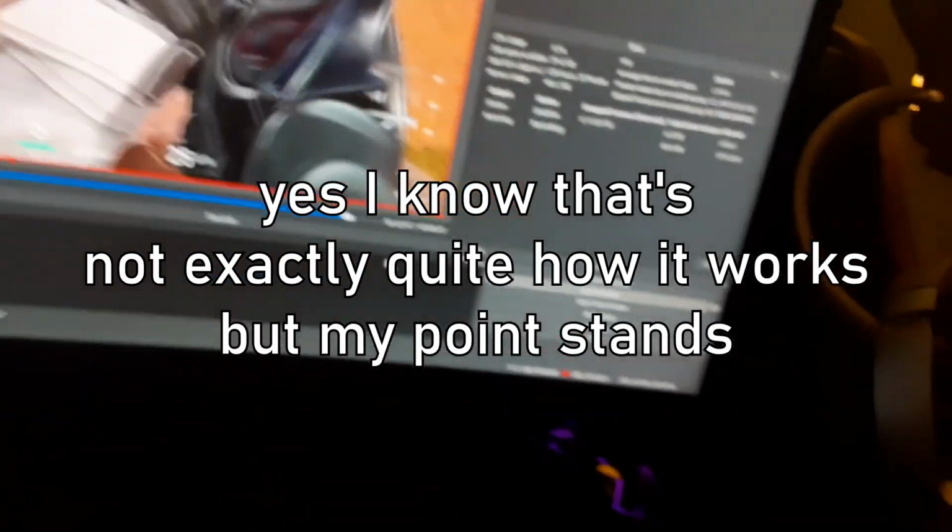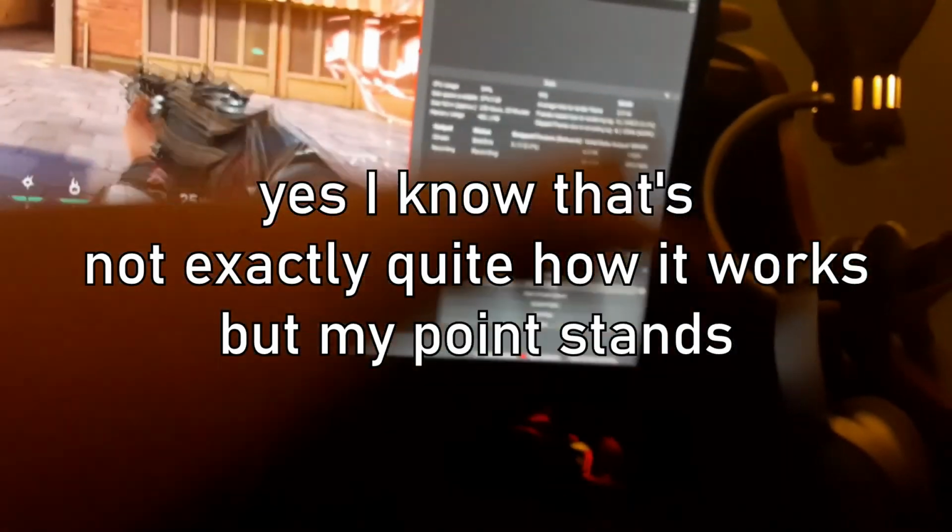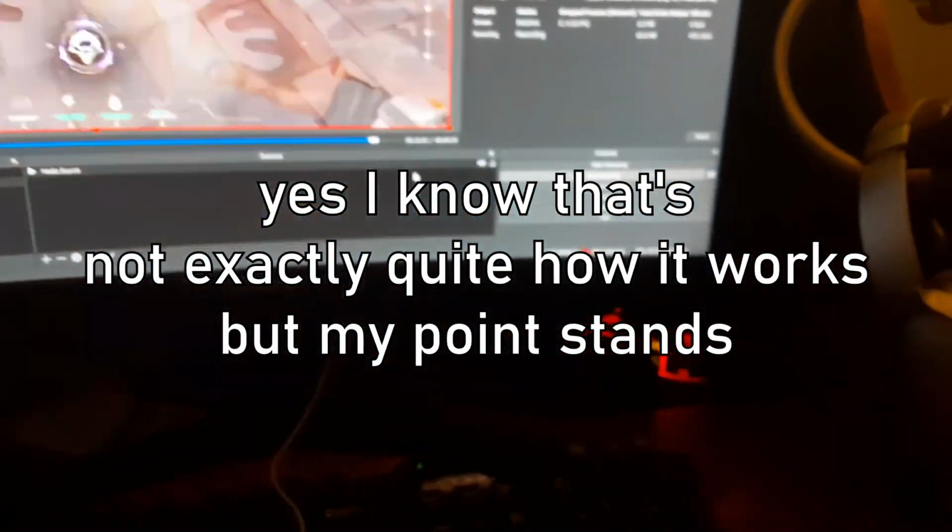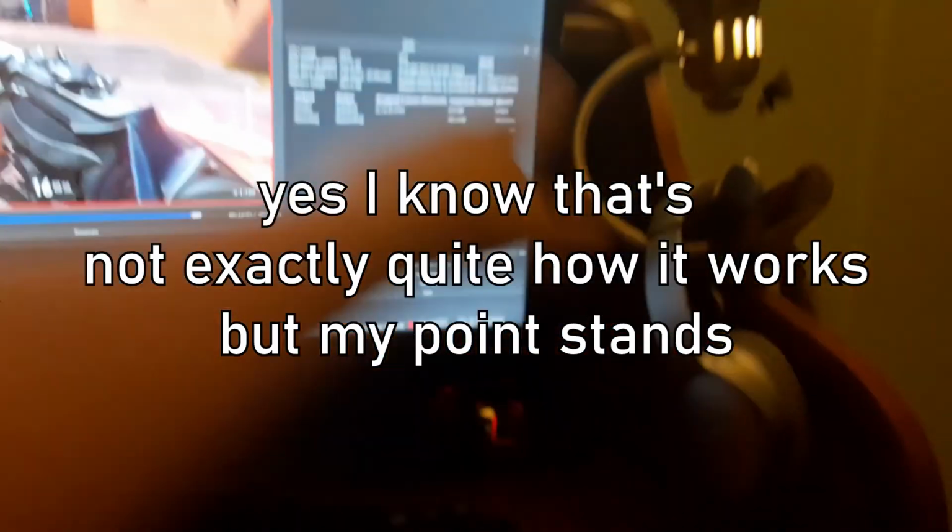If you've got a Ryzen 7, or hell, even a Ryzen 5 like the 3600, it's got hyper-threading, it's got 12 threads. Let's say you're playing Valorant, which uses like 6 cores, 6 threads. You've still got another 6 threads for OBS. Or if it uses 8 out of the 12, you've still got another 4.